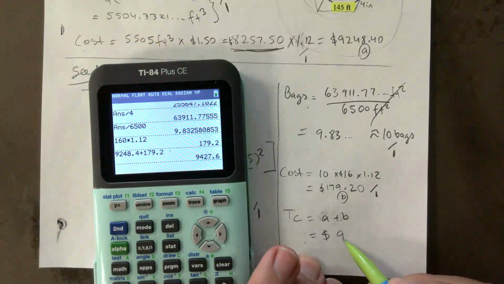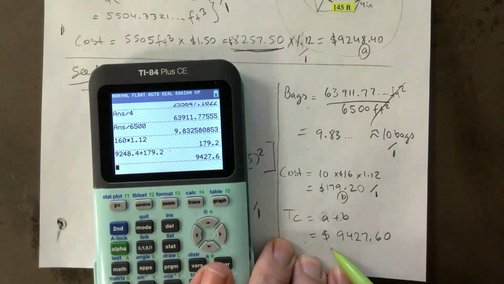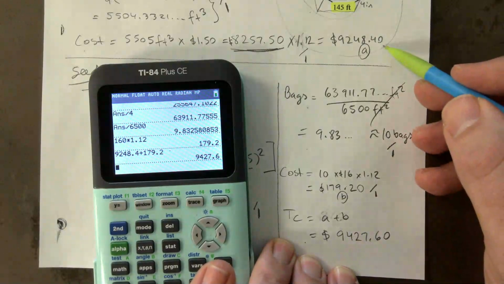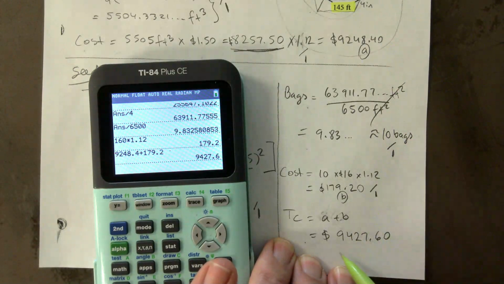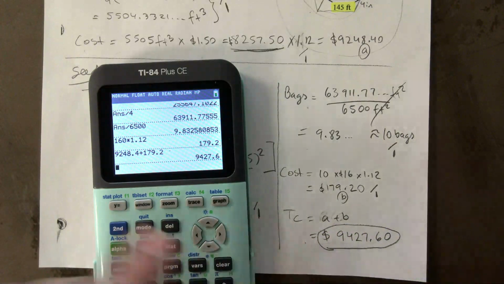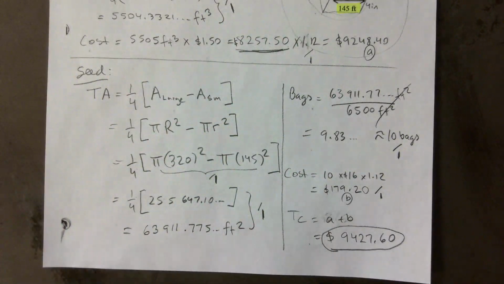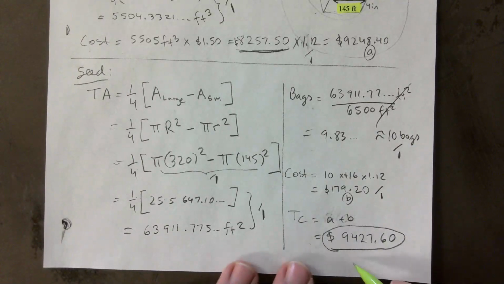That's 9,427.60. Phew, I have the same answer as my key, and I did it completely differently. So that's okay. So you get a mark for this as well.